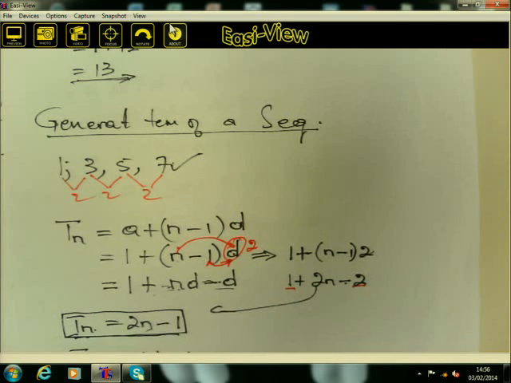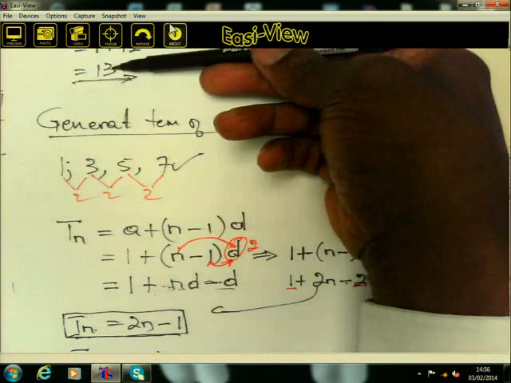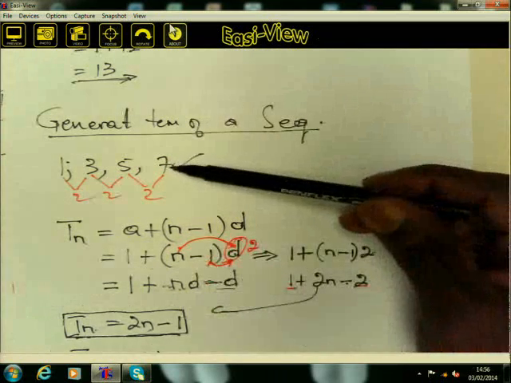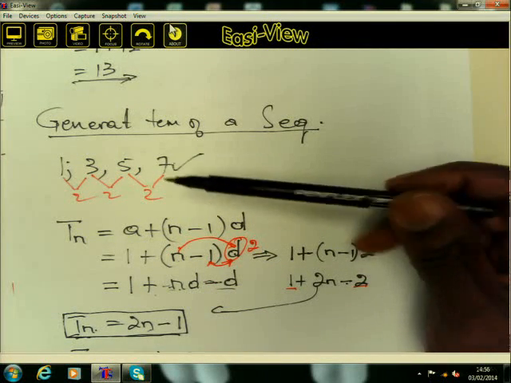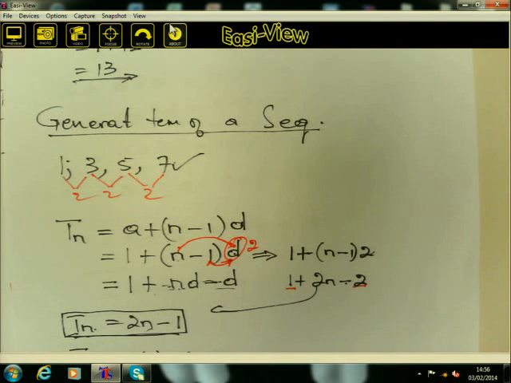Ultimately, you get 14 minus 1, which is 13. This 13 is the 7th term of this arithmetic sequence. I'm sure up to so far we are going together.